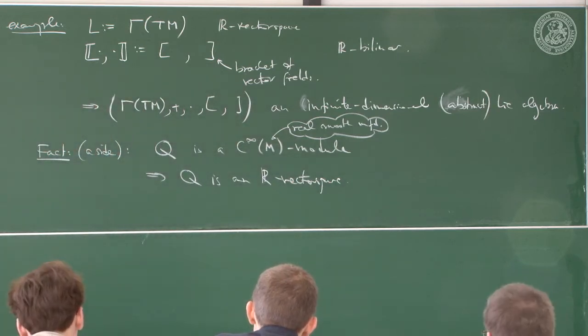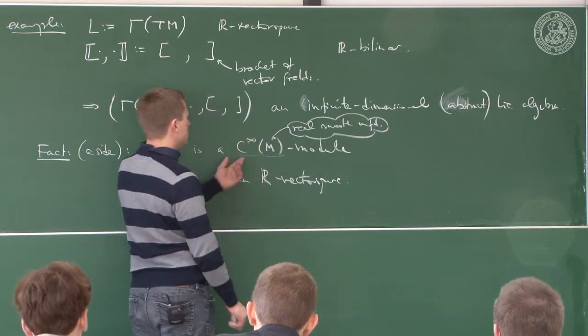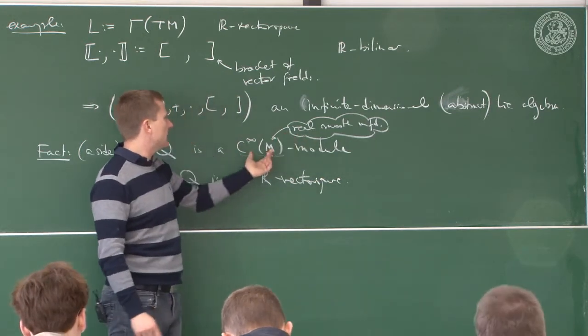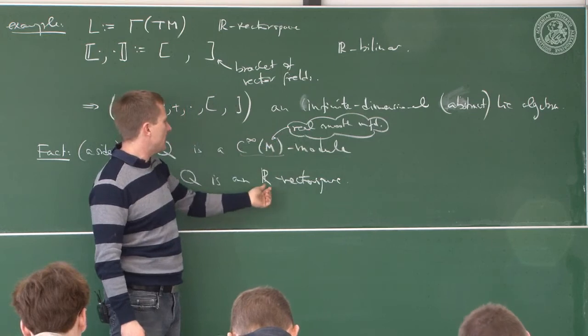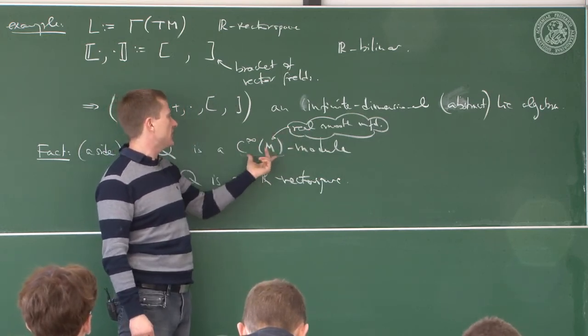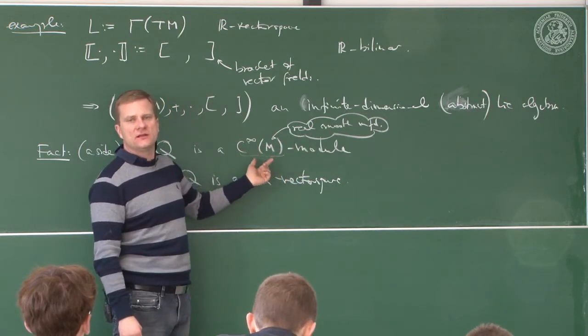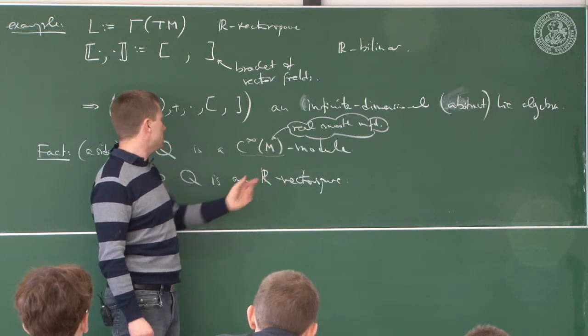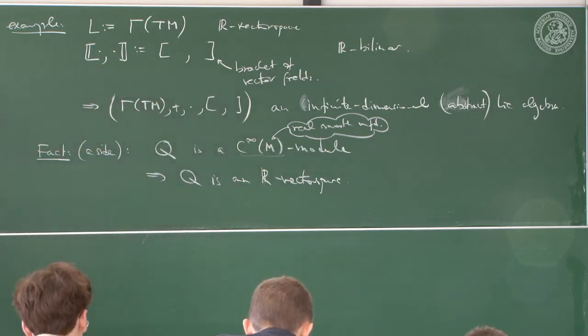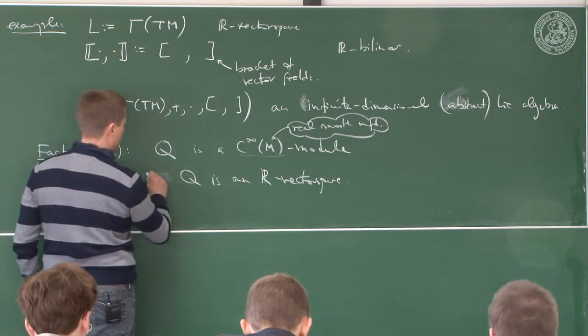I think that's pretty obvious, because this guy here is just a ring. If you restrict this ring of all smooth functions to all the constant functions, then it becomes a field. So certainly Q, that's a C infinity M module, implies Q is an R vector space.